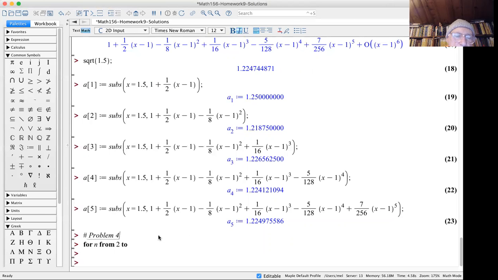I want the first 4 Taylor polynomials. So I'm going to go from 2 to 5, do. And what I want is the Taylor polynomial for the function cosine of x plus sine of x, centered at x equals 0.